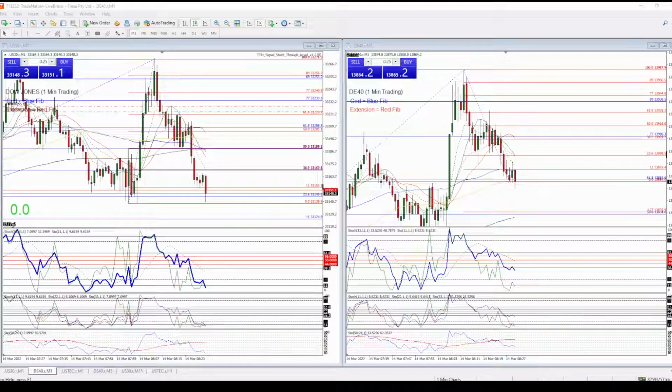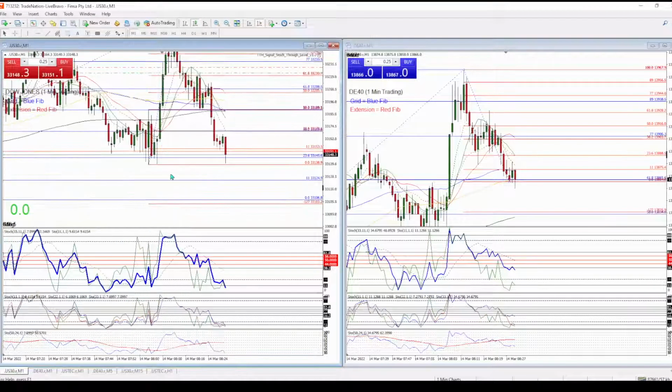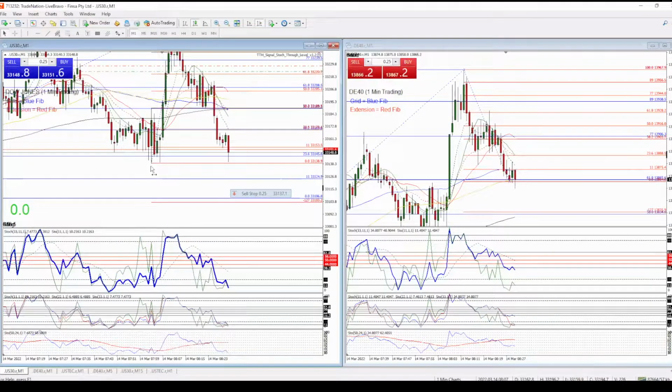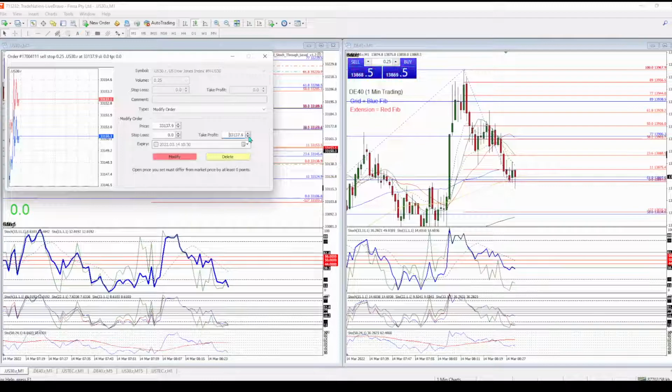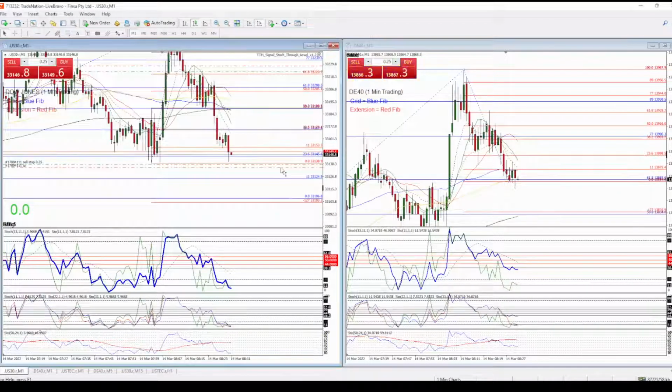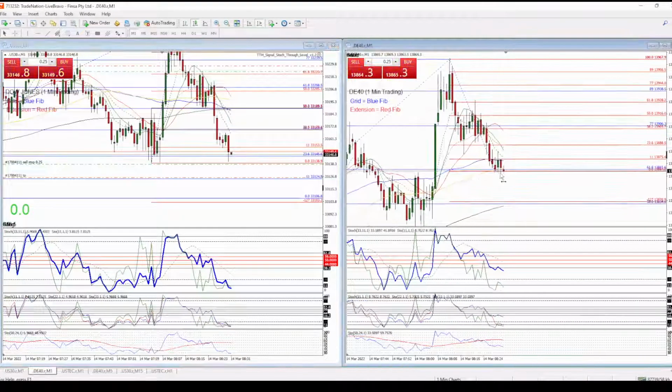Five minute trend is down on the Dow, so we can put a sell stop below this low. I'm going to be aiming for this 11 of the 1 minute grid, about just more than 10 points.